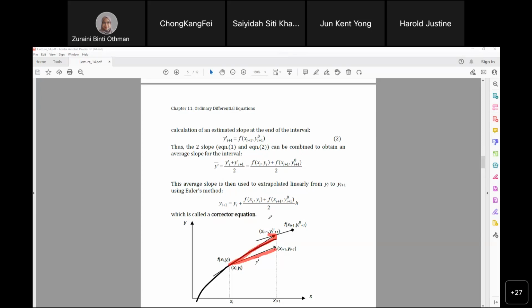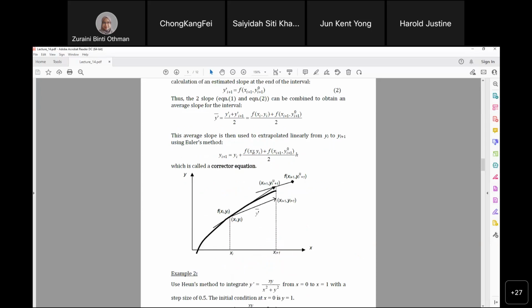Maksudnya if you look at the ordinary differential equation, you will find more finding on the modification method. They improve the method, the conventional method. Dia masih lagi boleh dibaiki. Okay, but now we look the Heun's method, it improve from the Euler method.